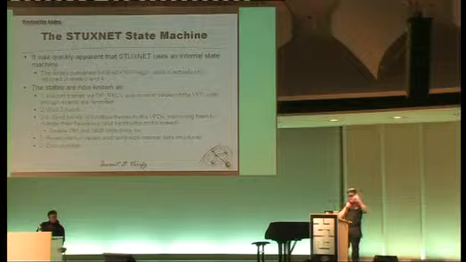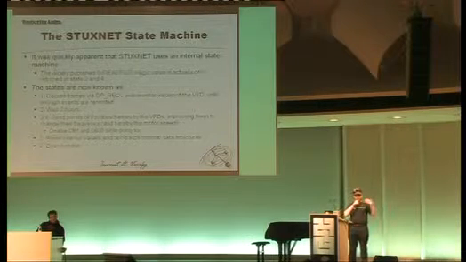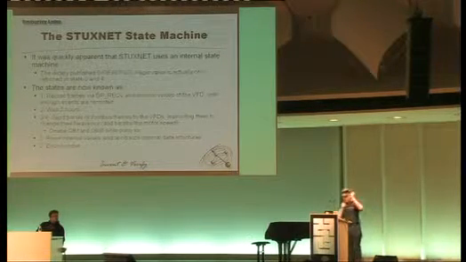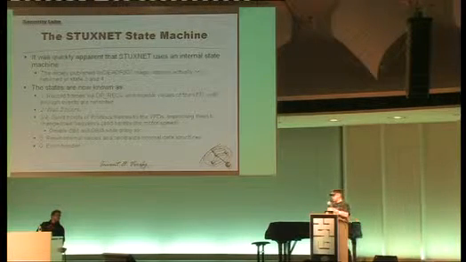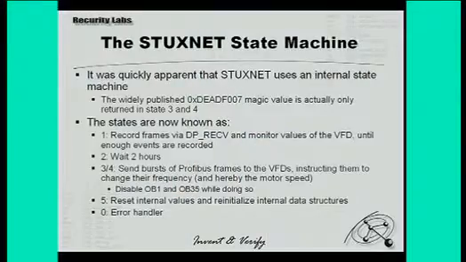However, the first result that I actually had when the disassembler was just partially done was already that the widely published deadfoot magic value that you could query over the network to find out whether a PLC is Stuxnet infected or not, will actually only return this magic value in case of state 3 or 4 within the 5 cases that it can have, which means it actually only returns this value when it's actually messing stuff up right now.